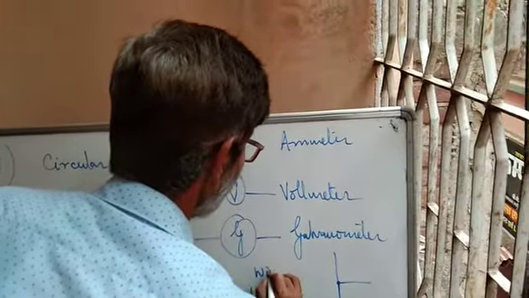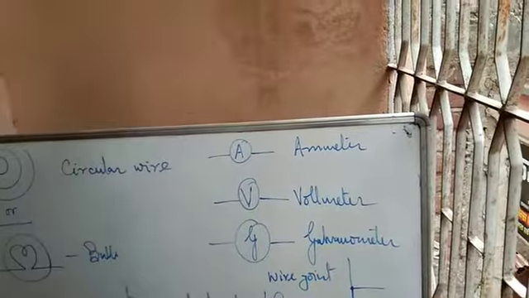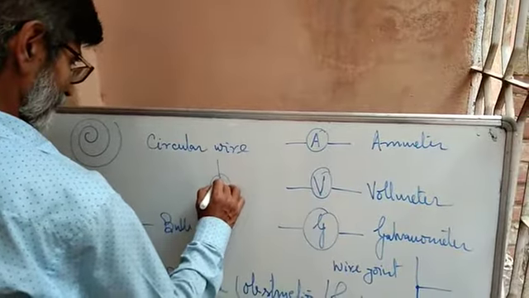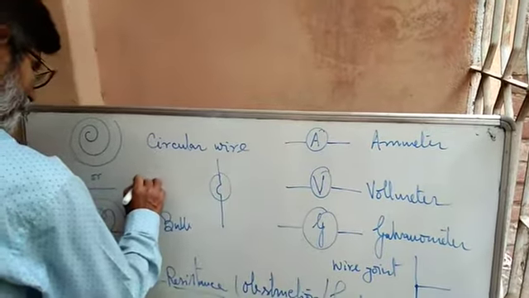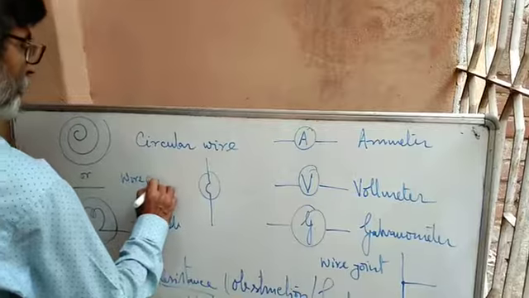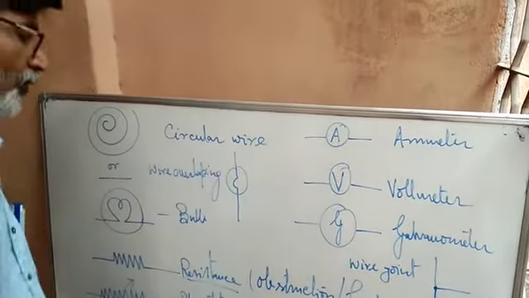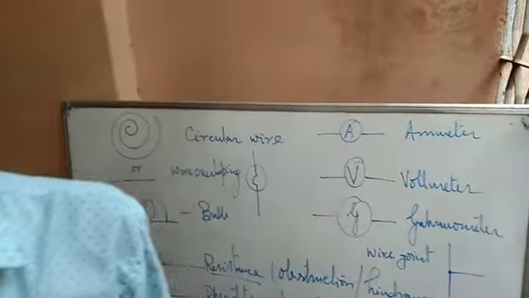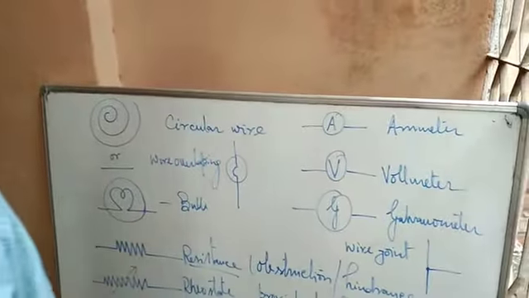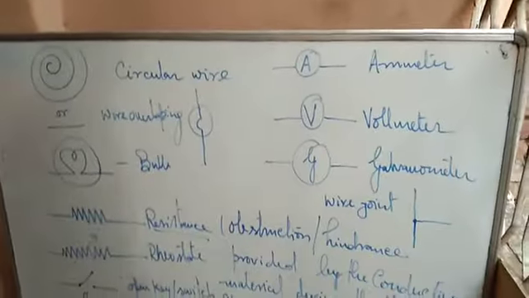This symbol is used for a wire joint, wire overlapping. These are the symbols generally used in a schematic diagram.